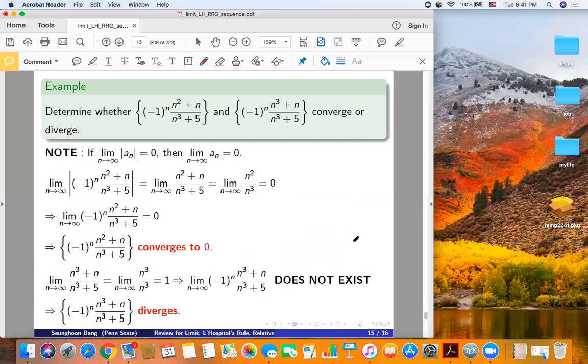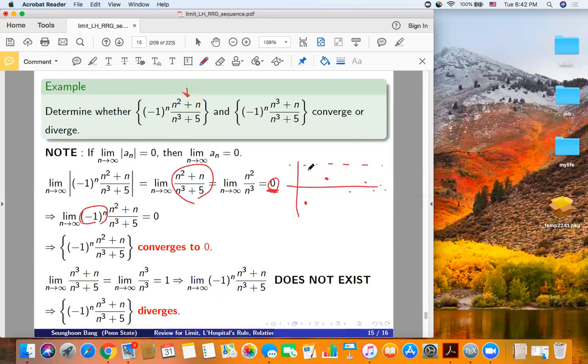So what about the first one? The first one is different. It approaches 0. In this case, the absolute value approaches 0. You can take negative 1 to the n. What happens? The terms go negative, positive, negative, positive, but approach 0.